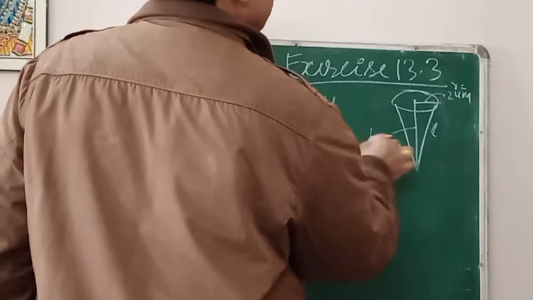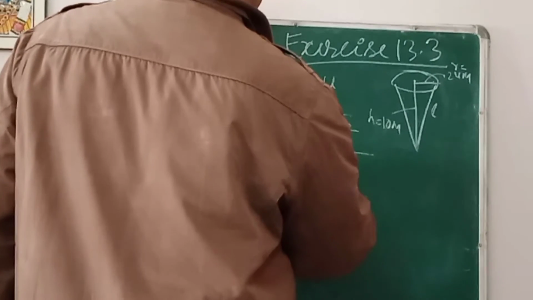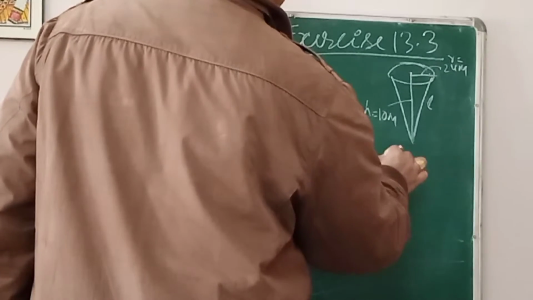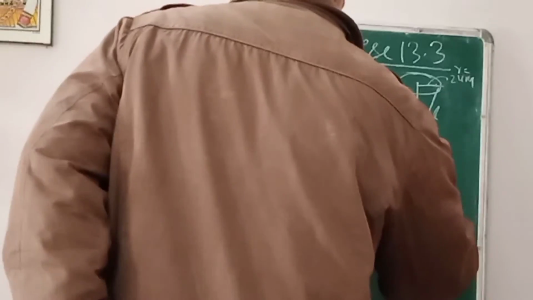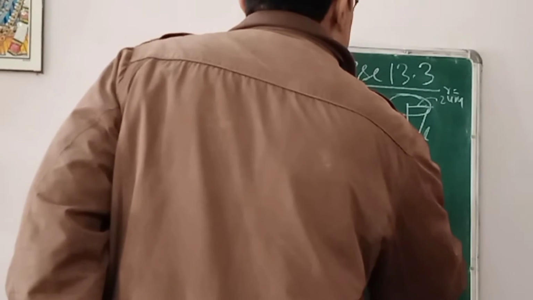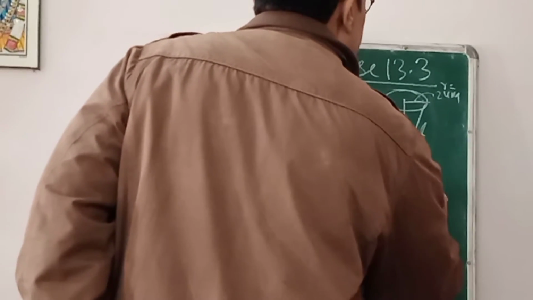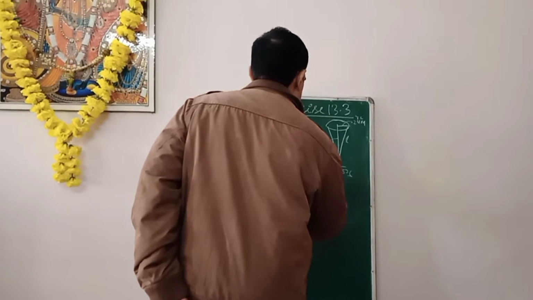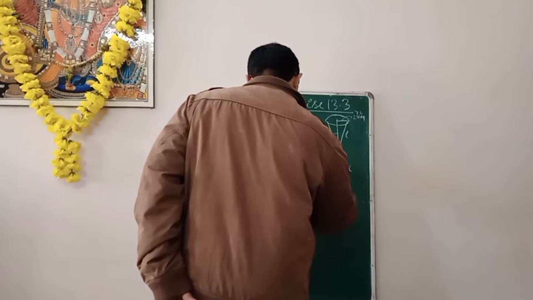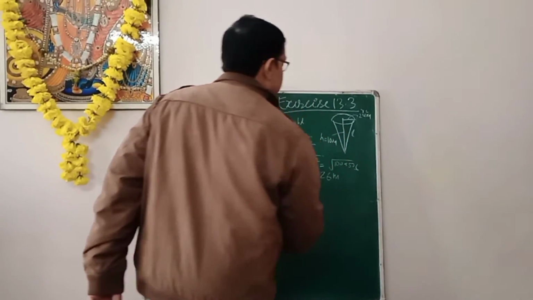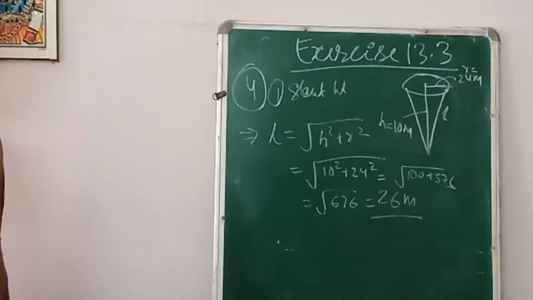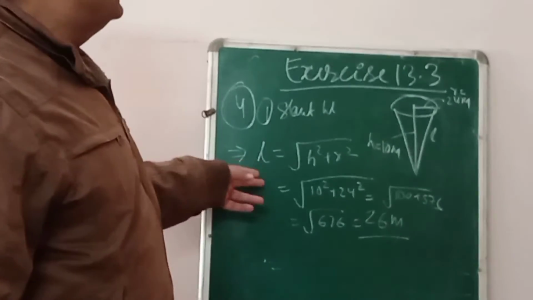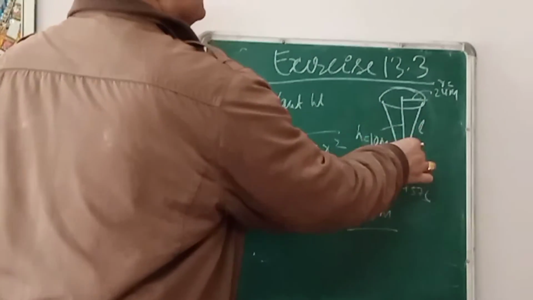So here putting value of h, so this is 10 square plus 24 square, so this is 100 plus 576, under root 676, and this is 26 meter. So slant height is 26 meter. First part is about slant height, and slant height is calculated from this right angle triangle.